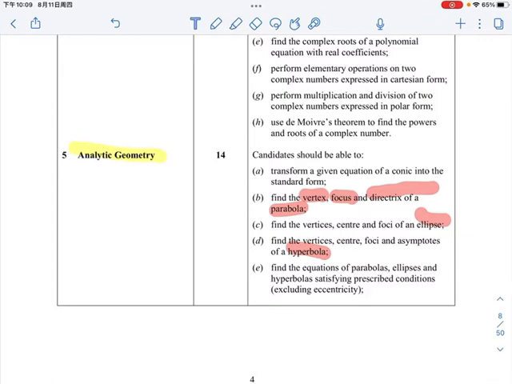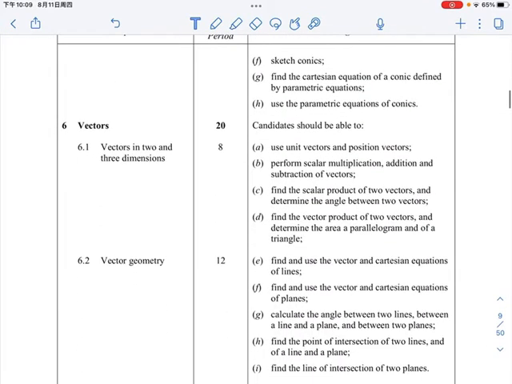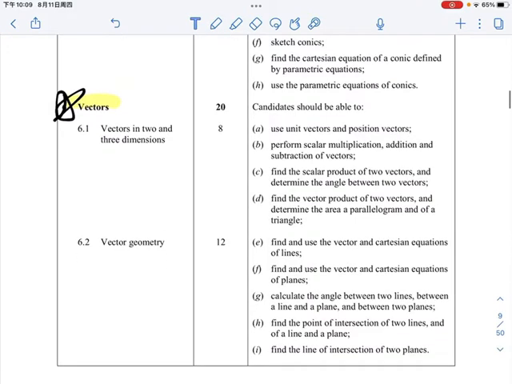Okay, let's go to number 6, vectors. In the whole term 1 syllabus, I would say vectors is the most difficult topic, because you have to learn how to calculate vectors in 2 and 3 dimensions, as mentioned in 6.1.